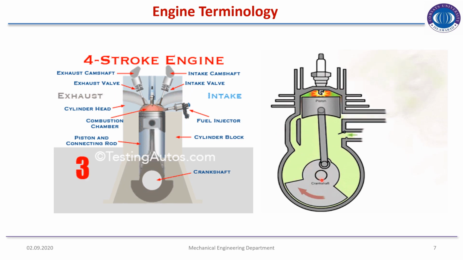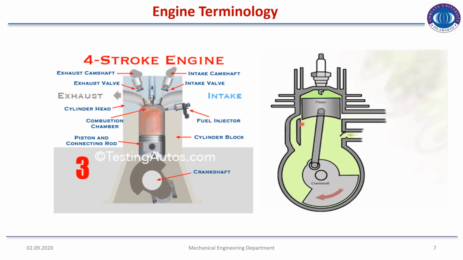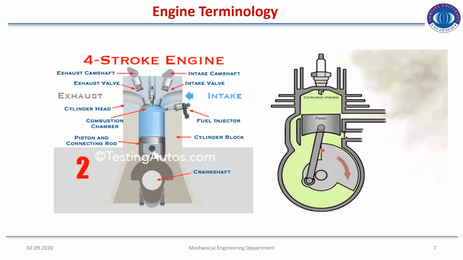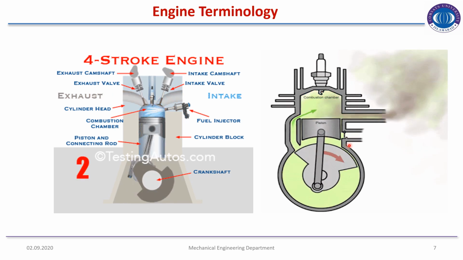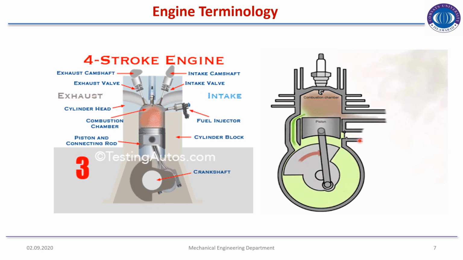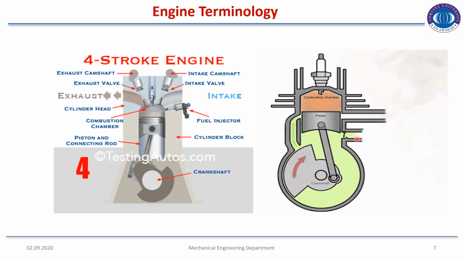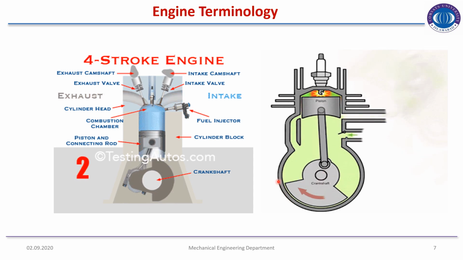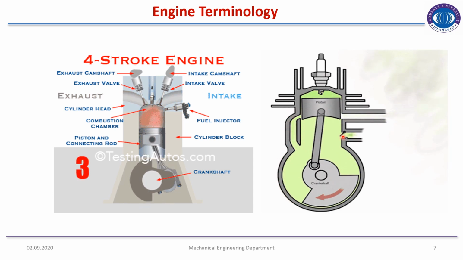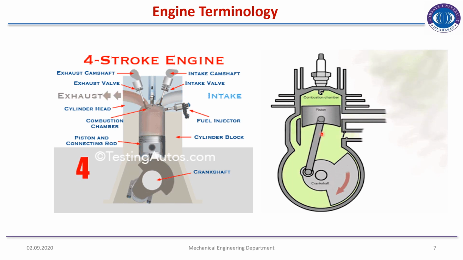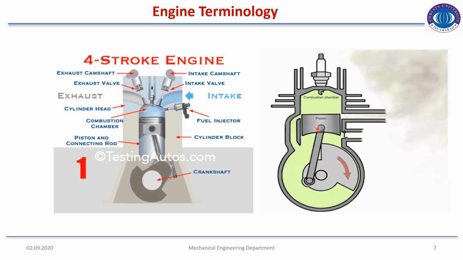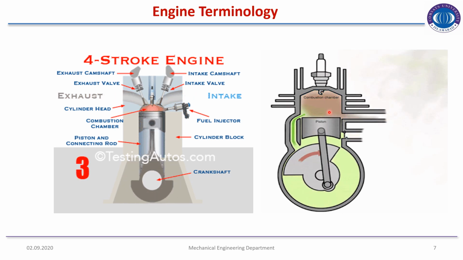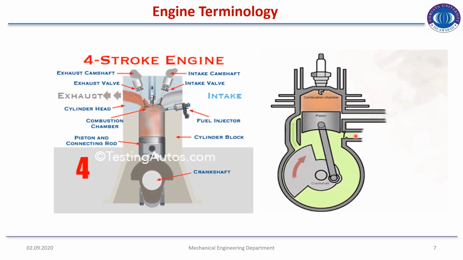So if we discuss the two-stroke engine, in the later stage we will discuss it in detail. You see that the inlet is happening, so two processes are taking place at the same time: combustion and exhaust, and inlet and compression.